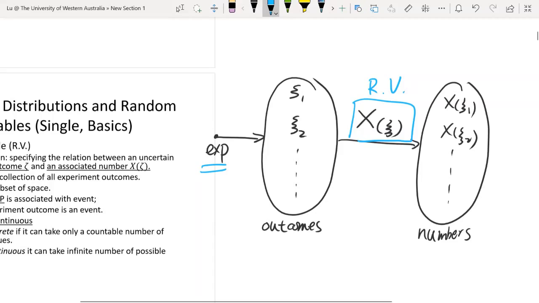But in the meantime, we are not able to predict exactly what the outcome of a particular experiment trial will be. That means I know what the possible results are, but I don't know what the result of this trial will be. In such a situation, we have to use the random variable to analyze this system.